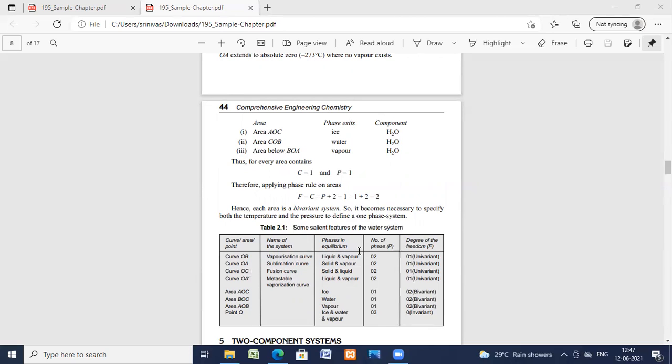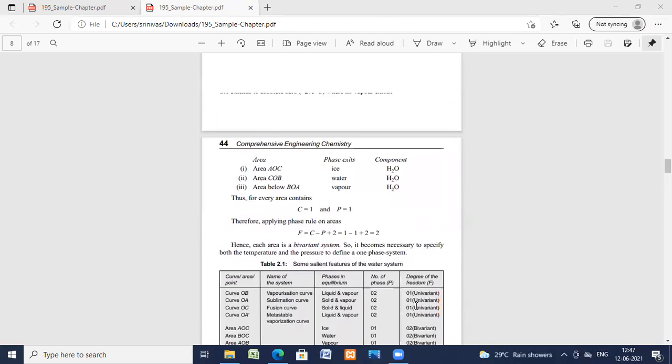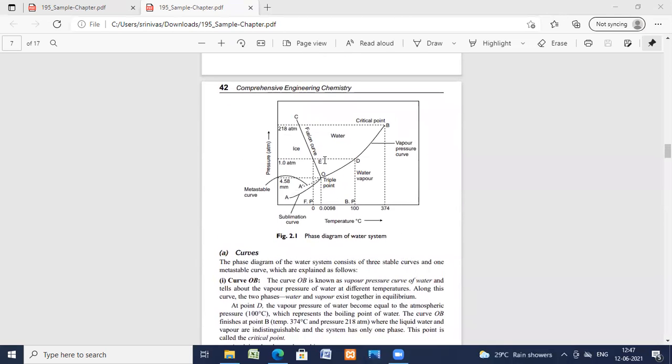Liquid and vapor are there along OB. Solid and vapor are there along OA. Solid and liquid are there along OC. The number of phases is two and the curves are univariant. For the areas, there is only one phase, so it is a bivariant system.